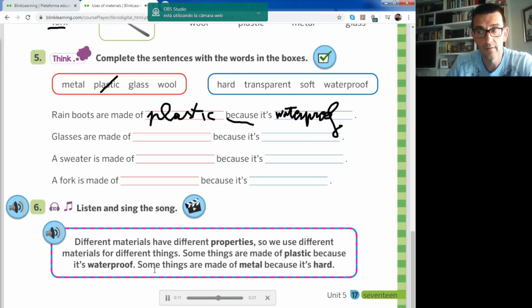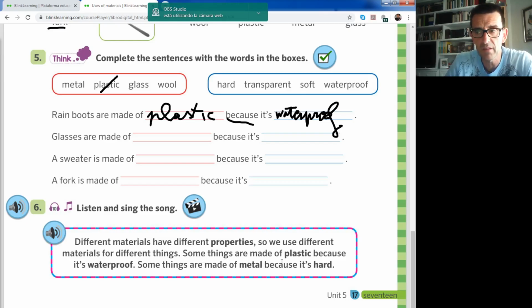Some things are made of plastic because it's waterproof. Some things are made of metal because it's hard. Well, that's very simple, because this is what we have talked about during this lesson. Different materials have different properties. Los materiales tienen distintas propiedades. So, por eso, we use different materials for different things. Utilizamos materiales distintos para cosas distintas.